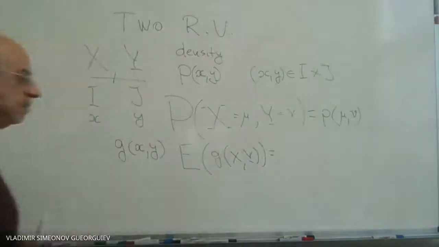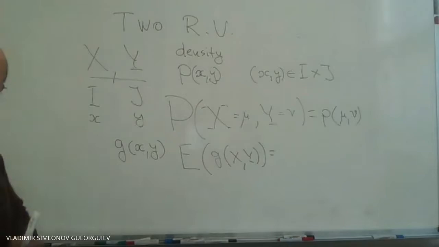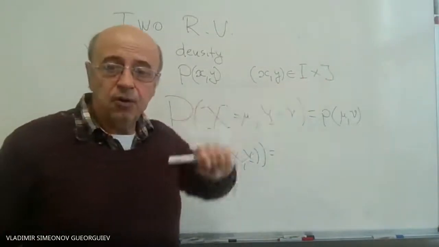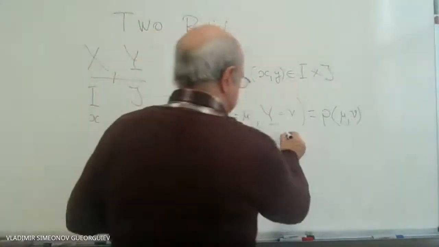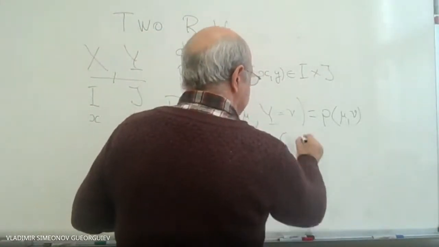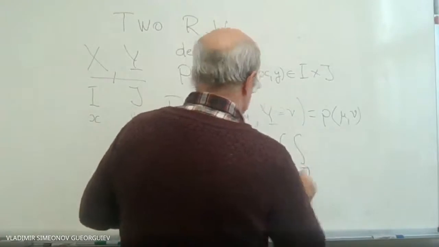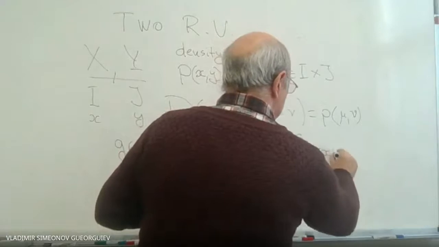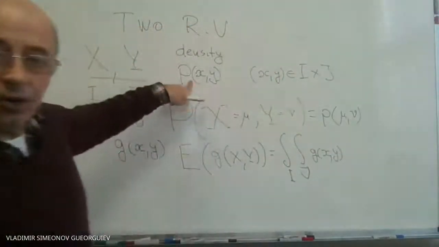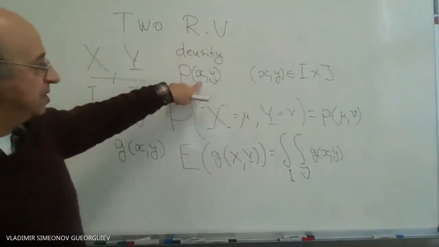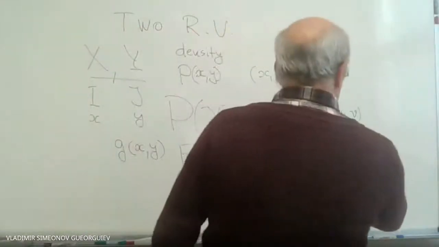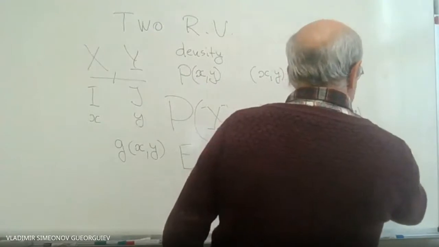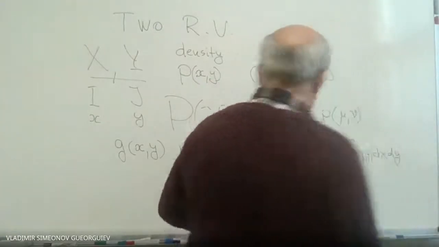Instead of taking an integral only over I and only over j, you take an integral over I and another integral over j of your function g(x,y) times the probability density of x and y, and then you integrate in dx and dy.